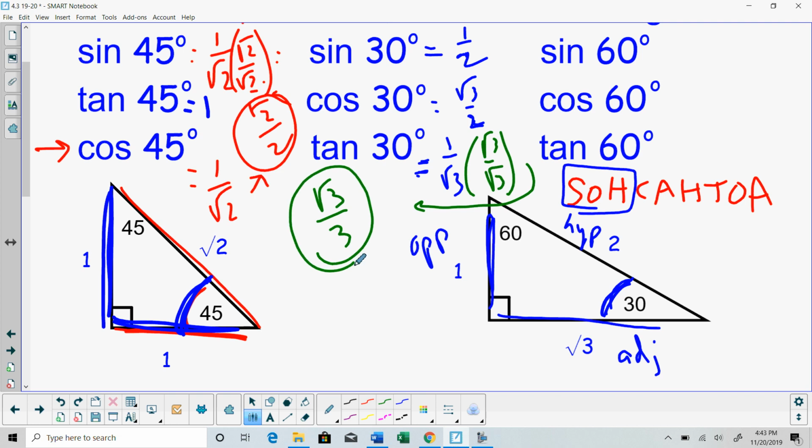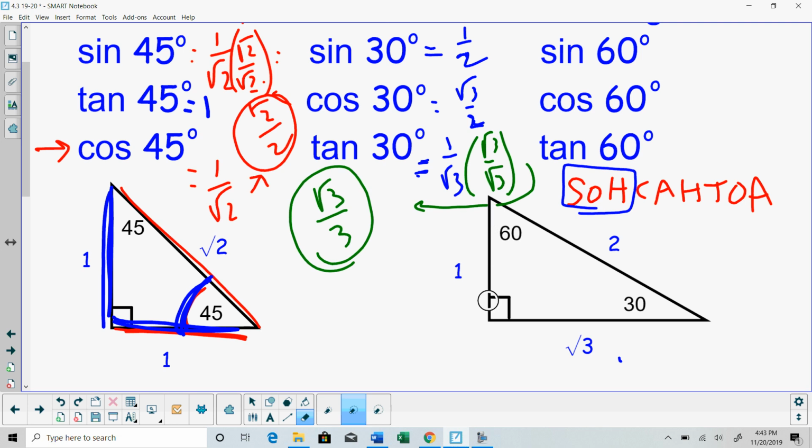Now, if I want to find the sine, cosine, and tangent of 60 degrees, I am going to need to erase a little bit here. I'm going to get rid of this here, and we're going to be focusing instead on the 60-degree angle. So in this case, slide this down a little bit.